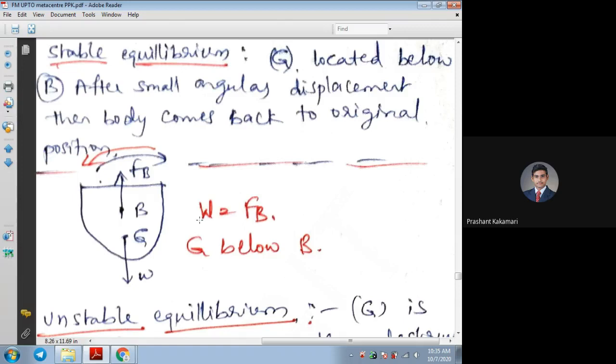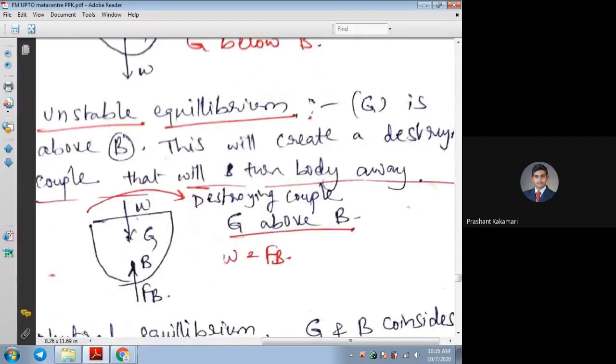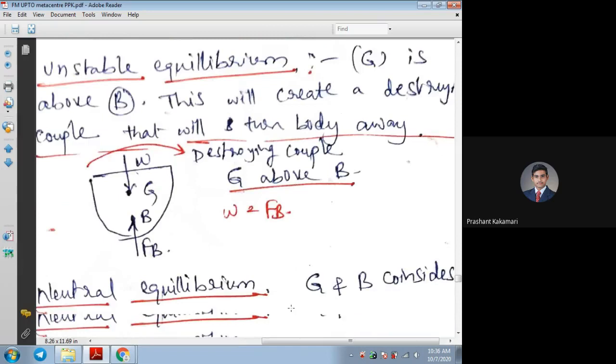Then only will most bodies have a stable condition under any type of couples applied, and they may come back to the original position even after applying moments about this axis. So this is more preferred. And if the center of gravity is above the buoyancy point, such bodies are not preferred for stability in the given floating conditions.